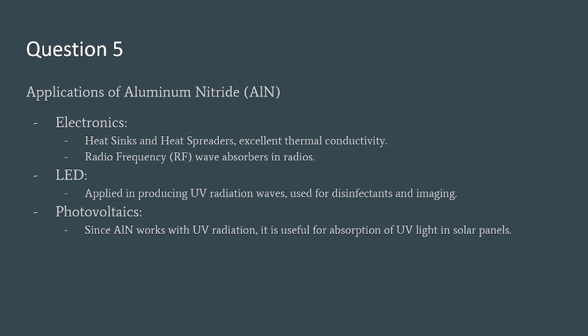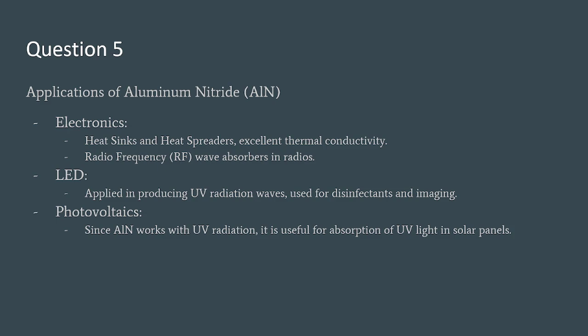It's also used in radio frequency absorbers, so it's used in most radios, like the radio in your car uses aluminum nitride to absorb the radio waves out of the air. For LEDs, it's applied in producing UV radiation waves, so definitely useful for disinfectants and imaging, especially in the medical field.